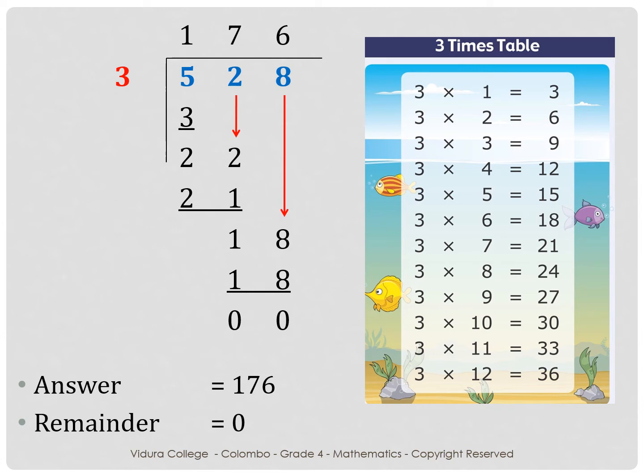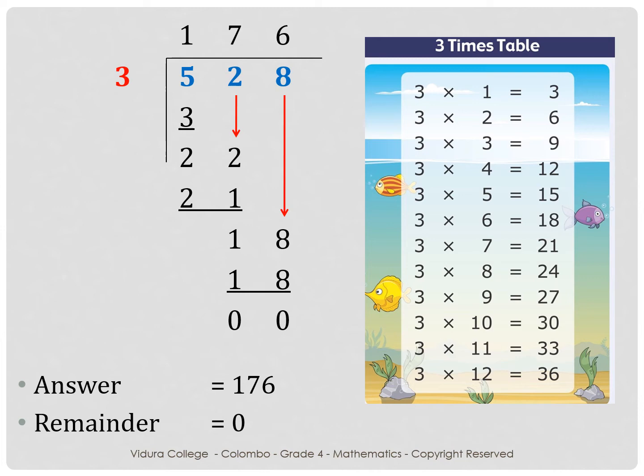So, you want to use the 3 times table and consider the nearest less number, which is 21. So, you want to write 3 times 7 equals 21. So, you want to write 7 above 2 as shown.